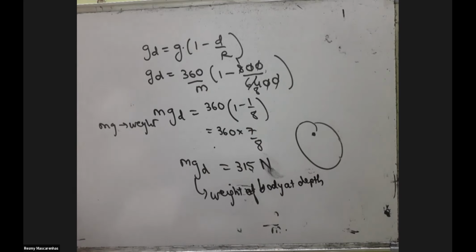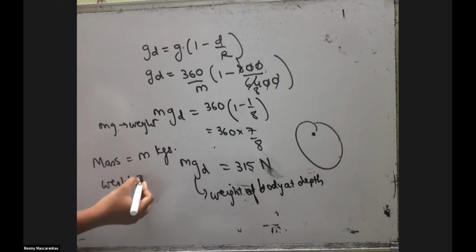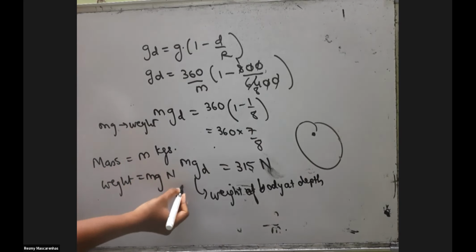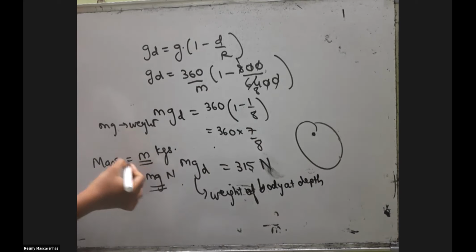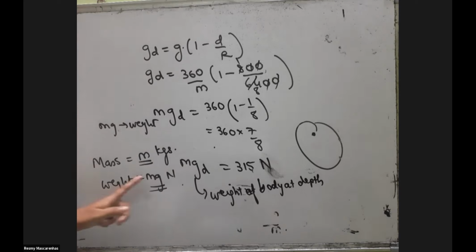Mass is in terms of kgs. Weight, please understand. Mass, this is m, in terms of kgs. Weight is always mg Newton. So we always have that concept wrong whenever we say I weigh 50 kgs. So that is the mass into gravity. Then it would be in terms of Newton.